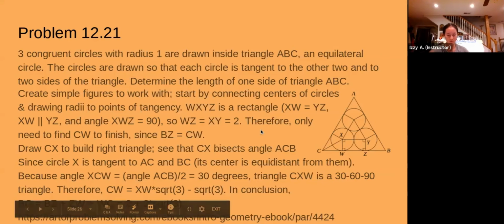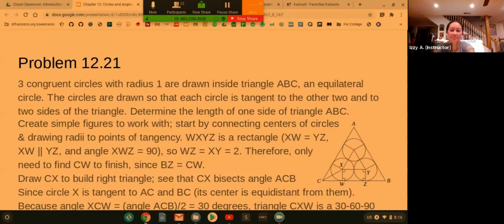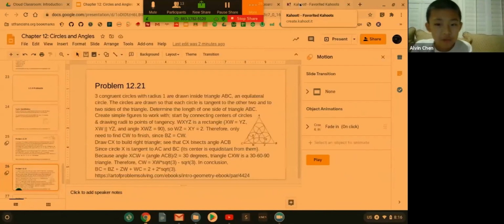Okay, leave this up here for a few seconds and then we can go ahead and start playing Kahoot. Okay. There's a typo.